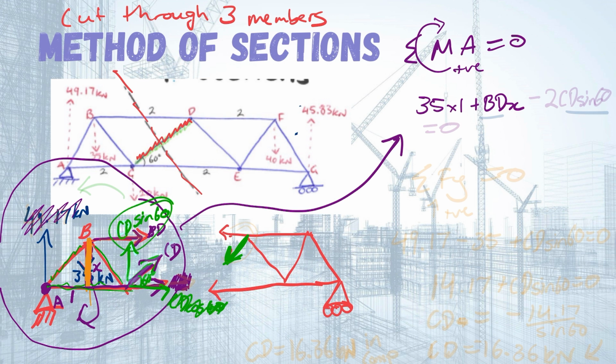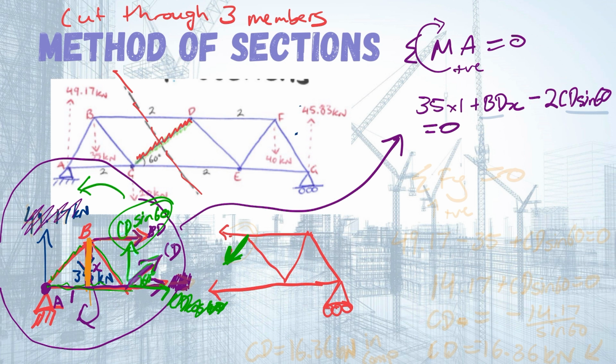So CD sine 60 is at a distance of 2 perpendicularly to point A, and if it's acting upwards like that, it's going to pull the bridge in that direction. So it's going to be negative. So in our equation, minus 2 CD sine 60, and that's all going to equal to 0.